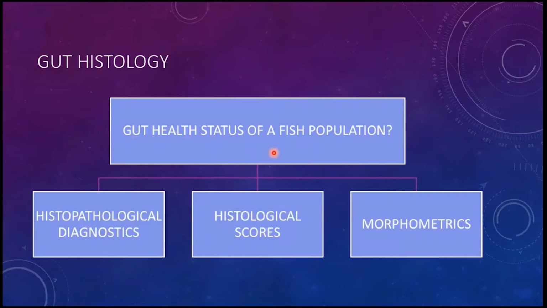I think it's important to talk about three different techniques that involve histology and provide useful information. First of all would be histopathological diagnostics, and then more specific techniques that involve histological scores of the intestine and morphometric measurements of the intestine.